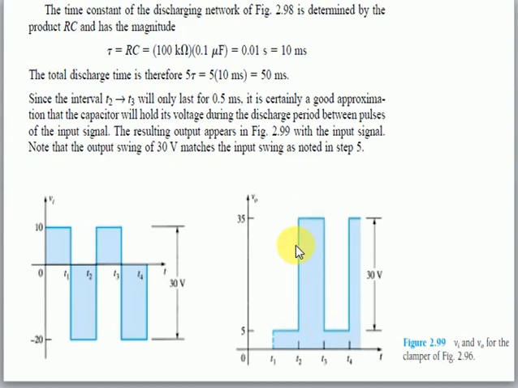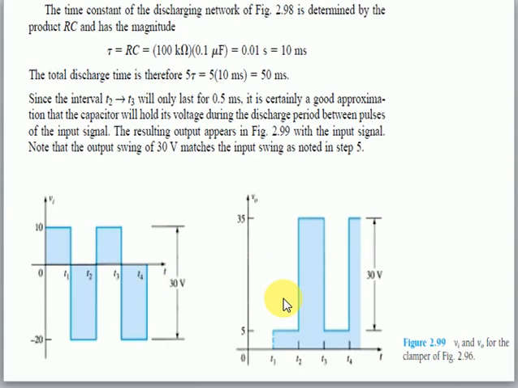Now the peak to peak value is 35 minus 5, because the output starts from 5 and goes up to 35 volt. So the total voltage swing is 35 minus 5, that is equal to 30 volt. So the full swing of the output cycle is equal to the full swing of the input cycle.